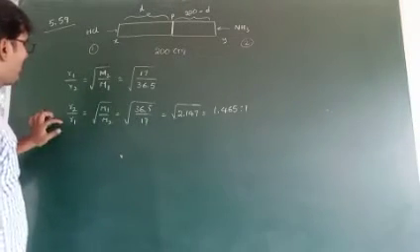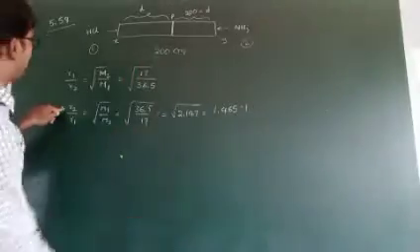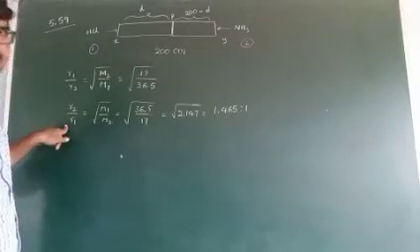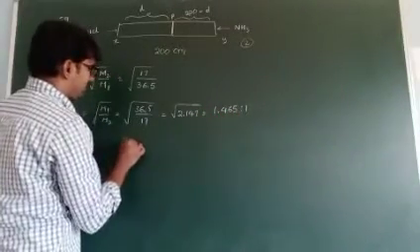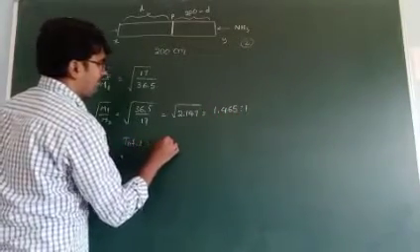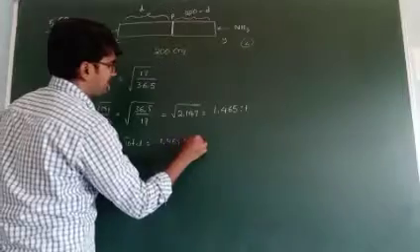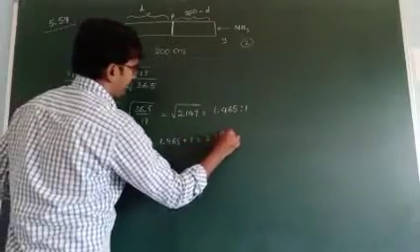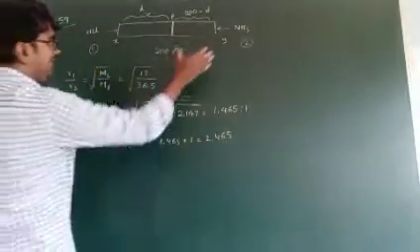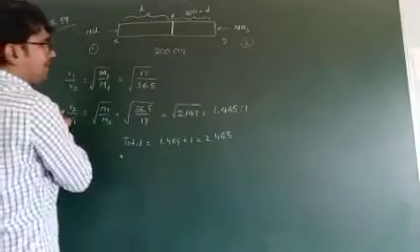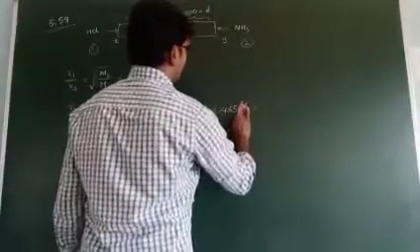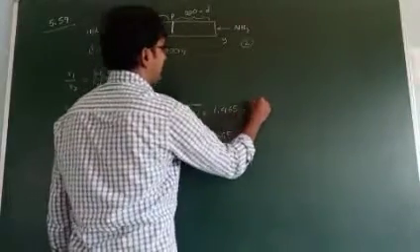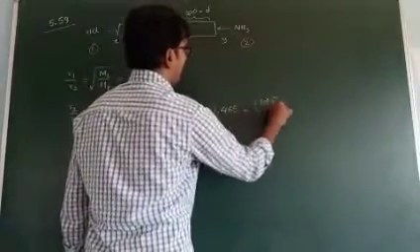So R2 by R1, where 2 means NH3 gas and 1 means HCl gas, this is the ratio. The total is 1.465 plus 1 equals 2.465. For NH3, R2 is 1.465 by 1.